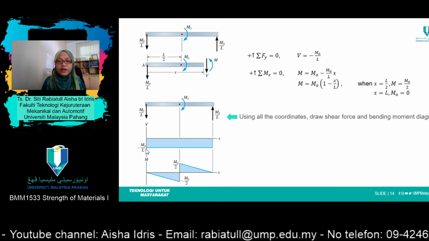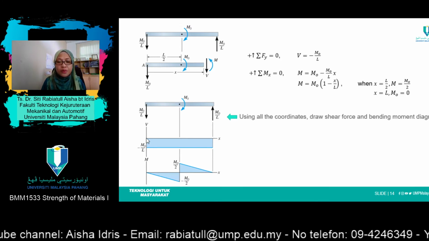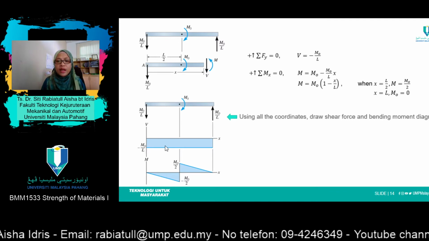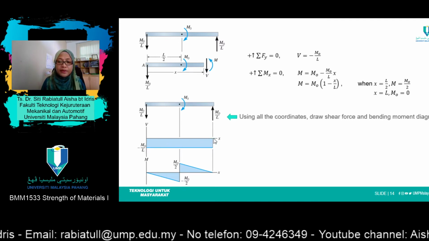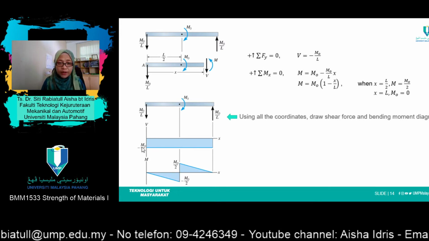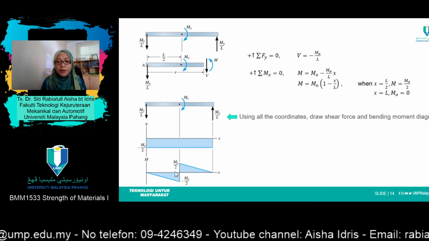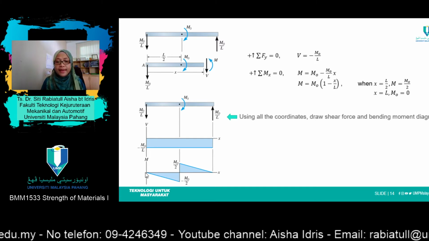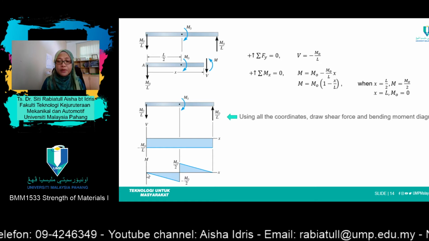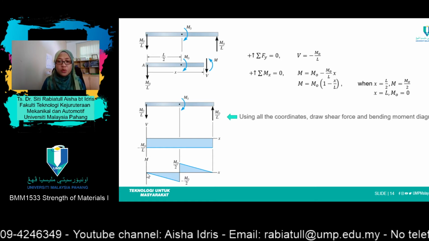So when X equals 0, V equals negative M naught over L, and when X equals X, it is the same, V equals negative M naught over L. Whereas for moment, when X equals 0, M equals 0.